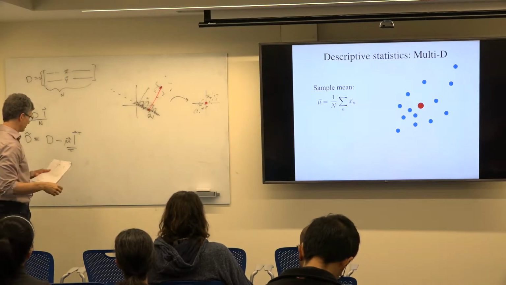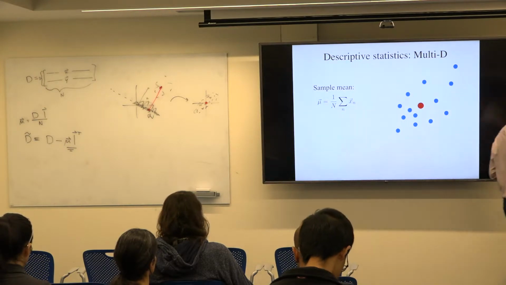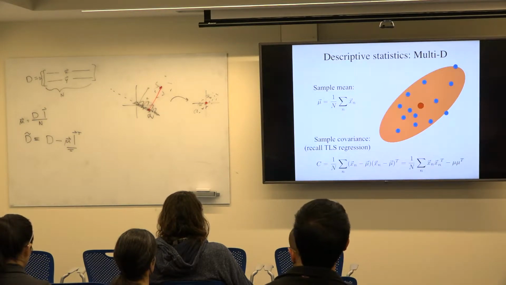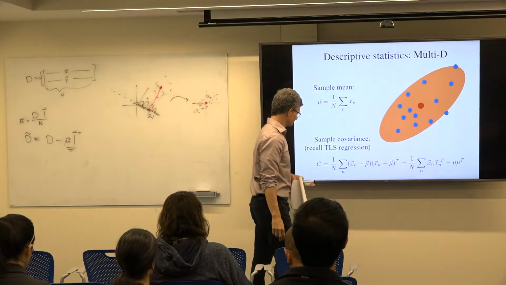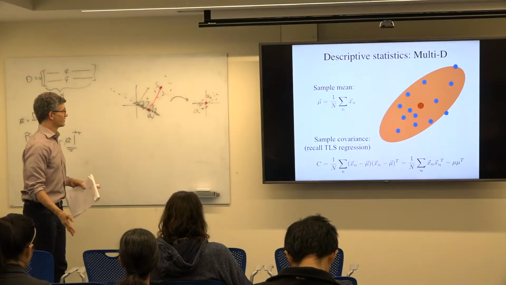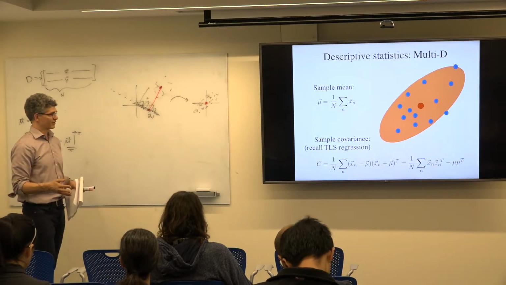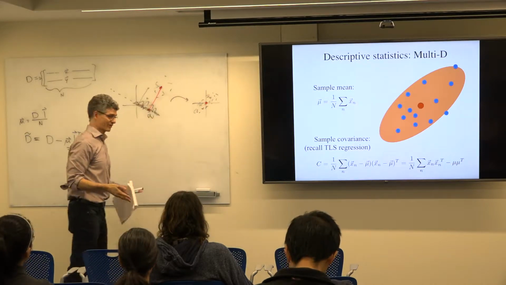Now, all we do, is it on the slide? I don't remember what I wrote on the slide. Okay, so here it's written this way, which is equivalent. We're going to define the covariance as essentially averaging the outer product of all these points against themselves.